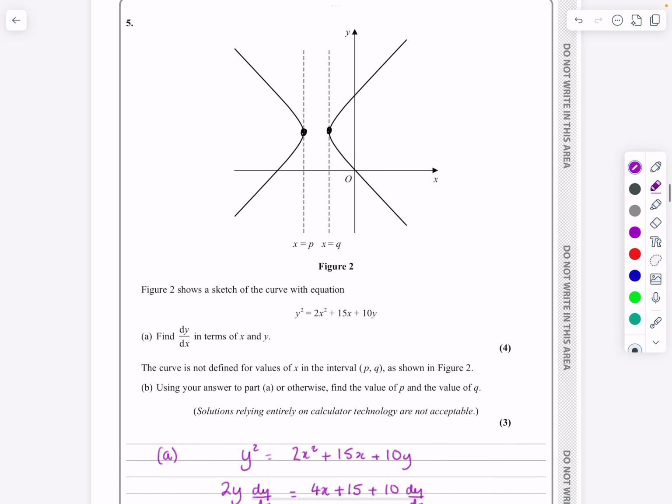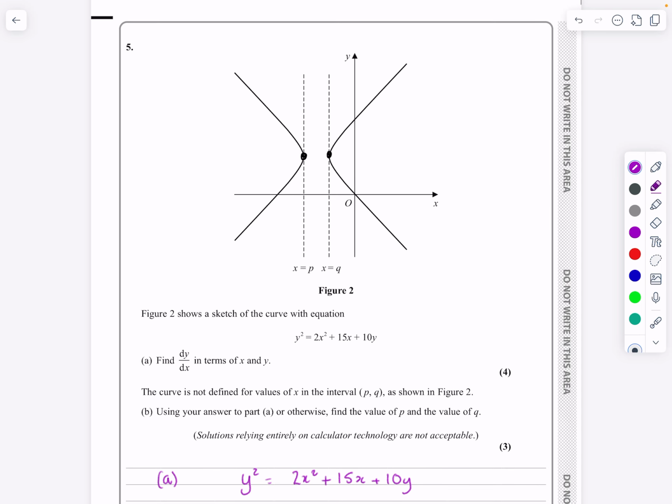What does part B say? Part B says the curve is not defined for values of x in the interval between P and Q. So if we look at our graph here, yeah, look, I can see what's happening here. There's no values in between those two, they're asymptotes in effect.